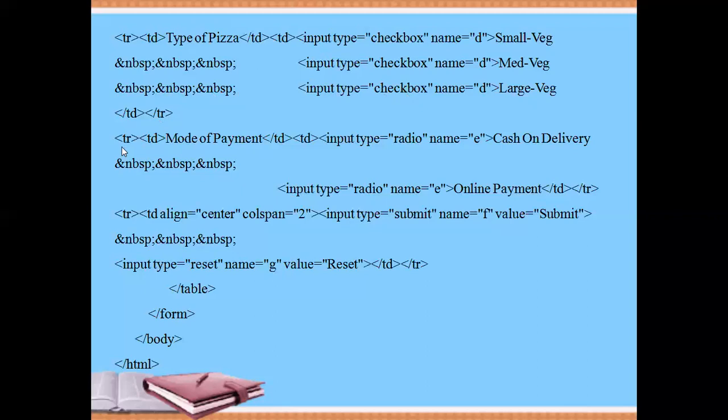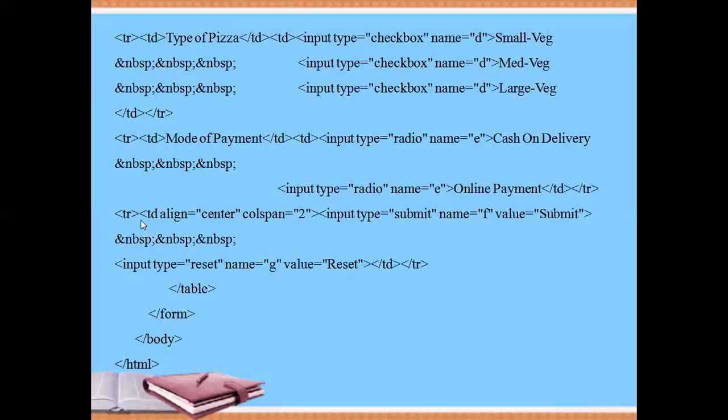Next row, TR, TD, the mode of payment. Here there were 2 radio buttons. So input type is equal to radio, name is equal to E, cash on delivery is the first option, and space, input type radio, name is equal to E, online payment is the second option.